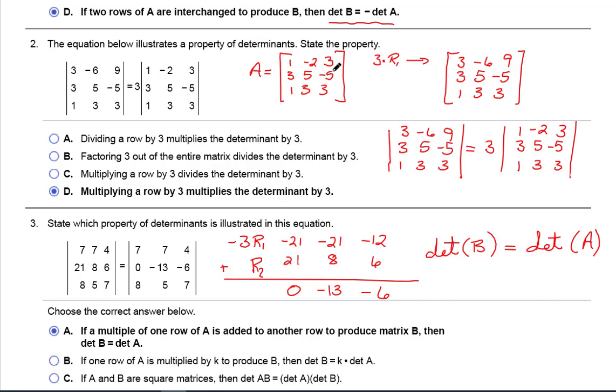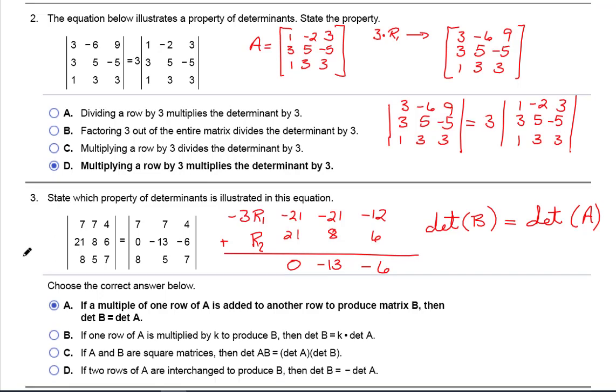So I've essentially multiplied a row by a number. Anytime that you multiply a row by a number, it is that number times the determinant before you did the multiplication. So multiplying a row by 3 multiplies the determinant by that same number.